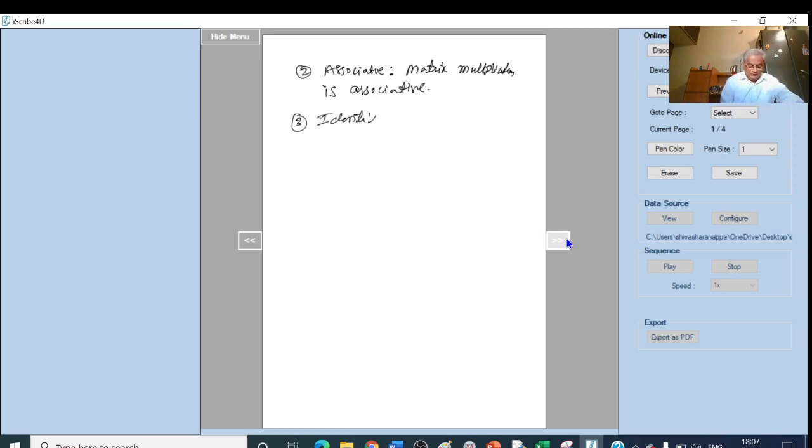Identity axiom. Let E belong to G be the identity.